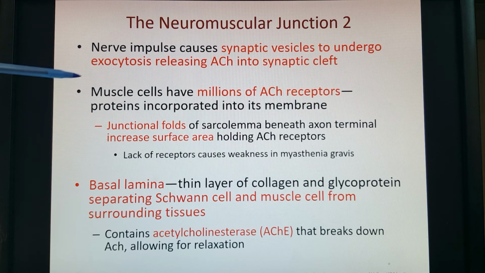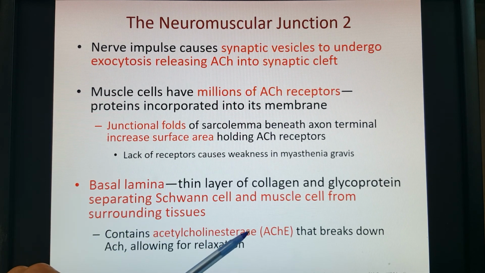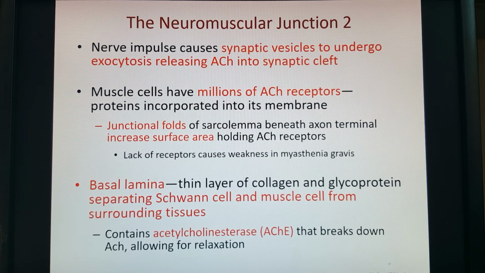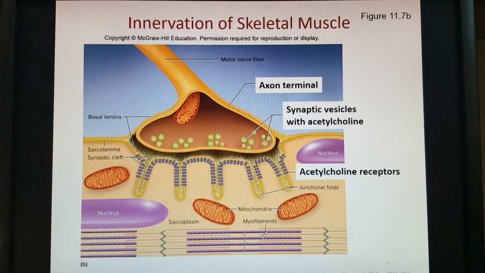Helping to put all those receptors in the same spots, we have junctional folds. Just like we had microvilli in a normal cell, we have junctional folds making more surface area. Also in this area is acetylcholinesterase, or AChE, with ase for enzyme. That is going to break down acetylcholine so you don't continue to trigger the muscle when you don't want to.